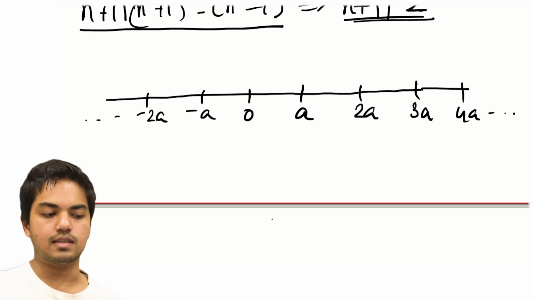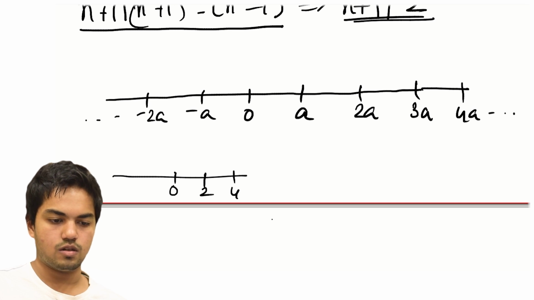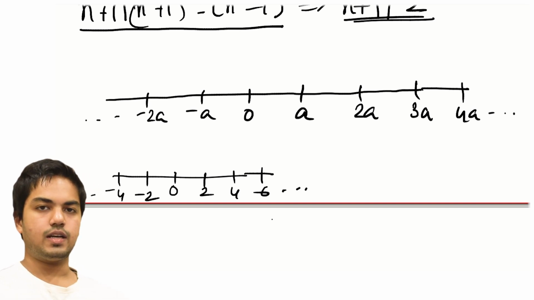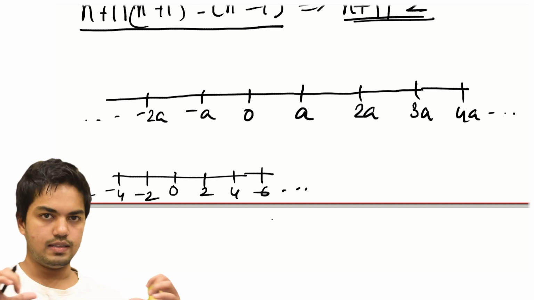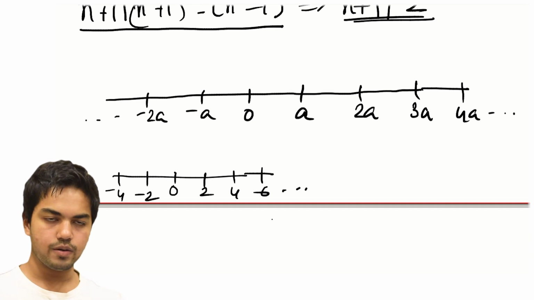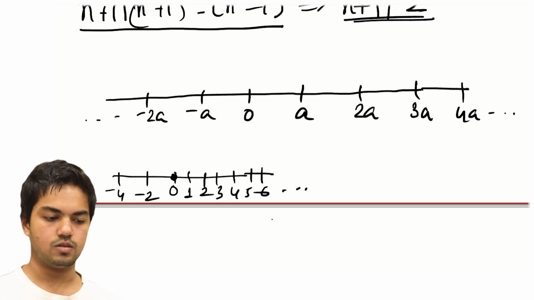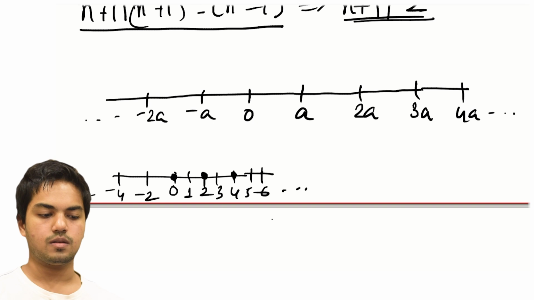If you take the example of 2, you have 0, 2, 4, 6, minus 2, minus 4, and so on. So I look at these multiples of 2 on the number line. There are all sorts of numbers here. For now, we only restrict our attention to natural numbers. So there's 1 here, and 3 here, and 5 here. But we only look at 0, 2, 4, 6 for now.